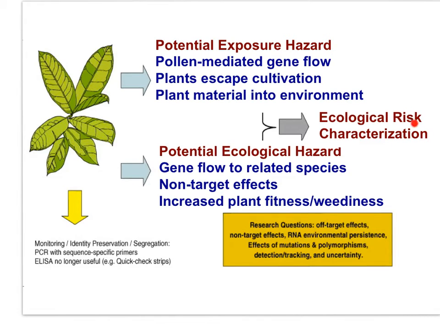In assessing ecological risks, genetically modified crops present two types of hazards. There is the exposure hazard, which includes pollen-mediated gene flow, plants escaping cultivation, and plant material into the environment. The ecological hazards would be gene flow to related species, non-target effects, and increased plant weediness.